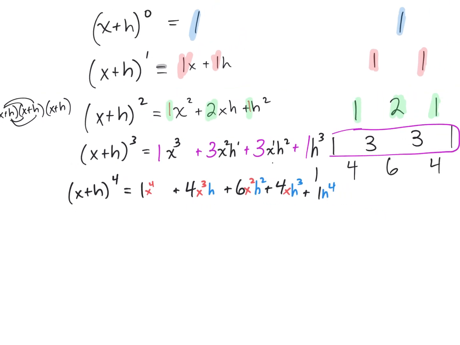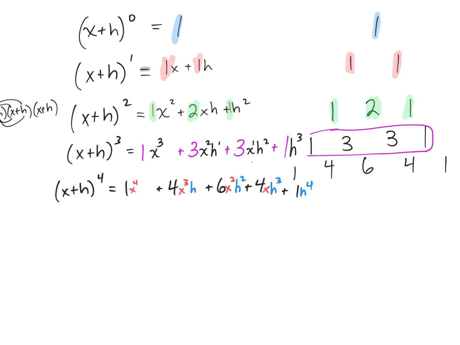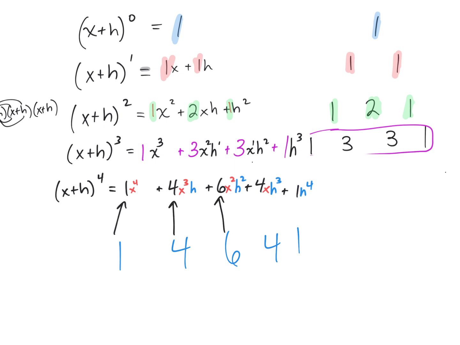As you can see here, I'm sorry, I'm kind of cutting over here. Let me erase this bottom row of Pascal's. That bottom row that we found was 1, 4, 6, 4, 1. And you can see those coefficients get plugged directly in here.